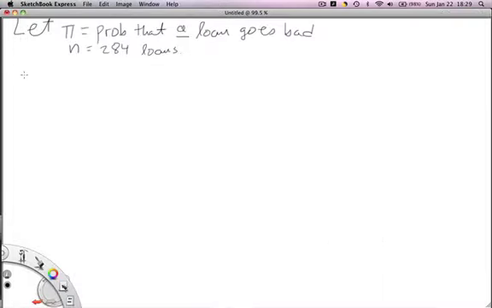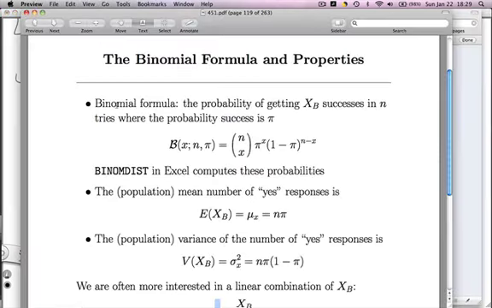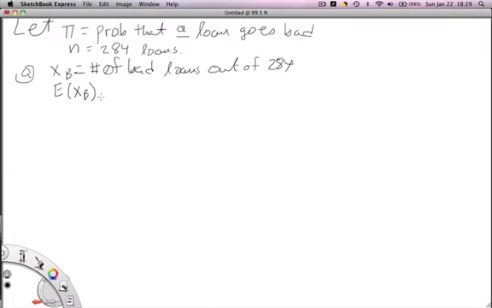So let's go work problem A. We're after the mean. First off, xb is the number of bad loans out of 284. This problem is asking us what is the expected value of xb, and from that slide in the course packet, the answer is just n pi. So n times pi.